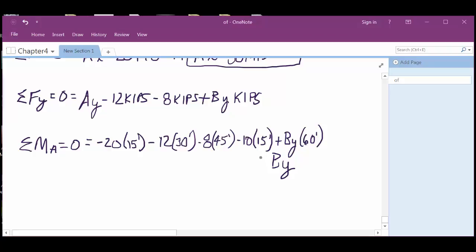BY stays on this side. All this goes to the other side of the equation, becomes positive, so we guessed right. So all of that mess is like 1,170 kip-feet. Divide that by 60, you end up with 19.5 kips up.